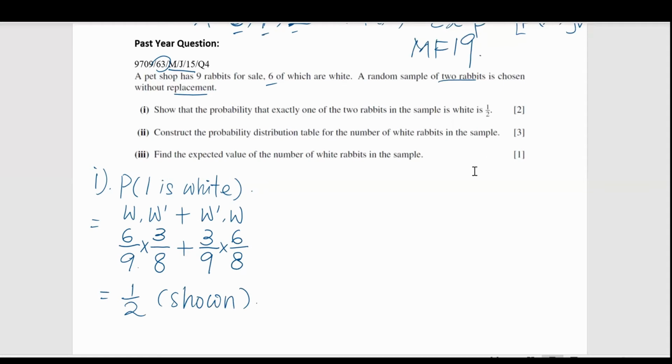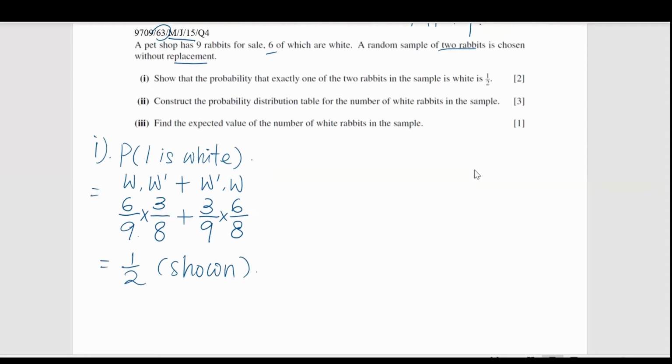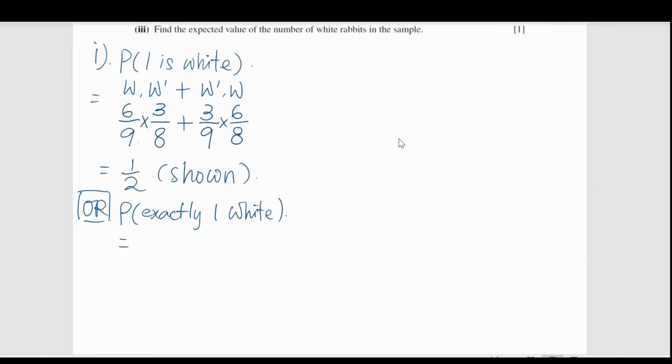But in order to answer the part 1 question, we can also use another method to find the probability. Again, exactly 1 white out of the 2 rabbits selected. We can use this method: out of 6 white rabbits, simply choose 1, and at the same time, from the 3 not-white rabbits, choose 1.